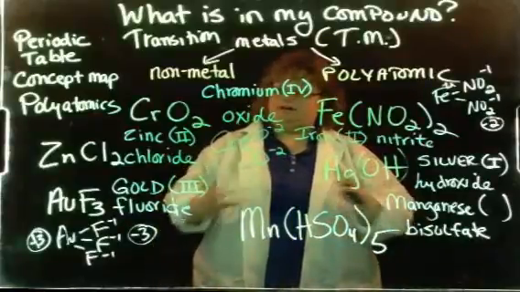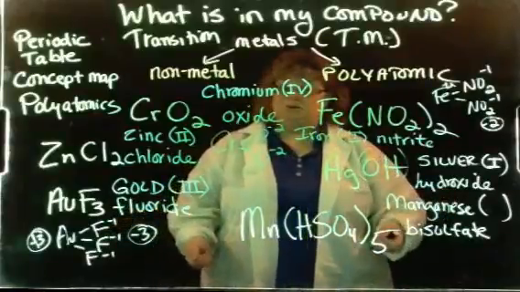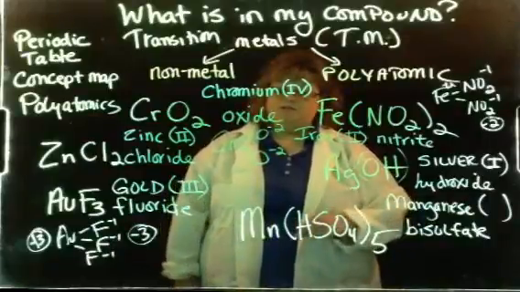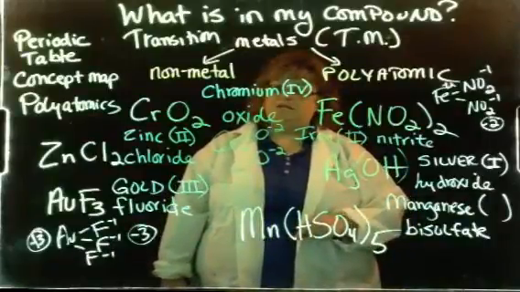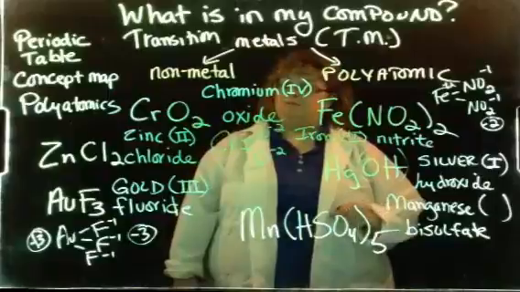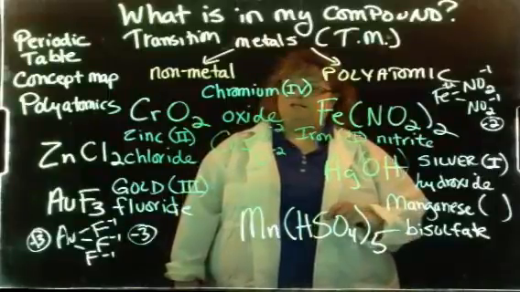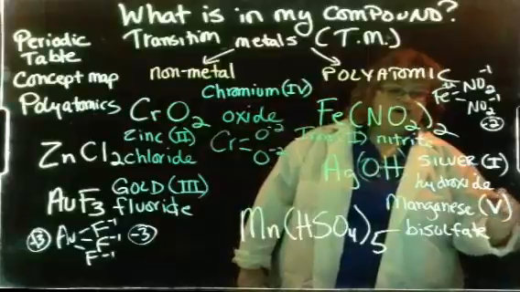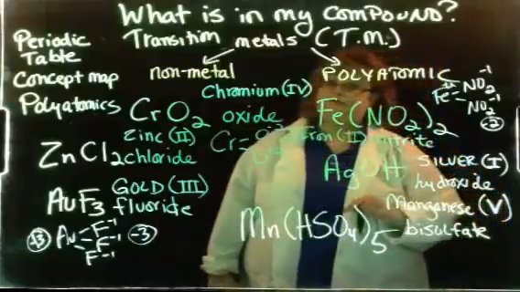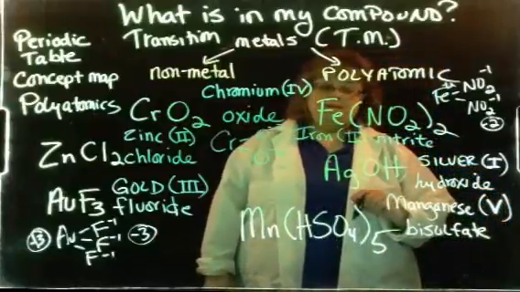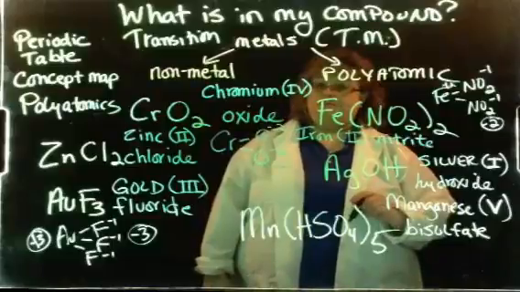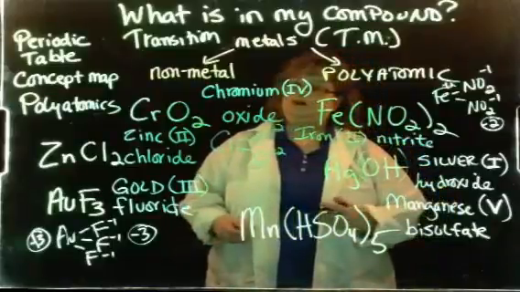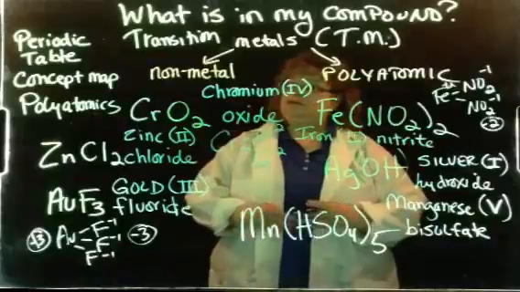I know, because I have them all memorized, that that's a -1 charge for each of them. And there's 5 of them attached to manganese. So 5 of them with a -1 charge means it's a -5, which means manganese has to be a +5. So I express that as a V, the Roman numeral for 5. Manganese 5 bisulfate.